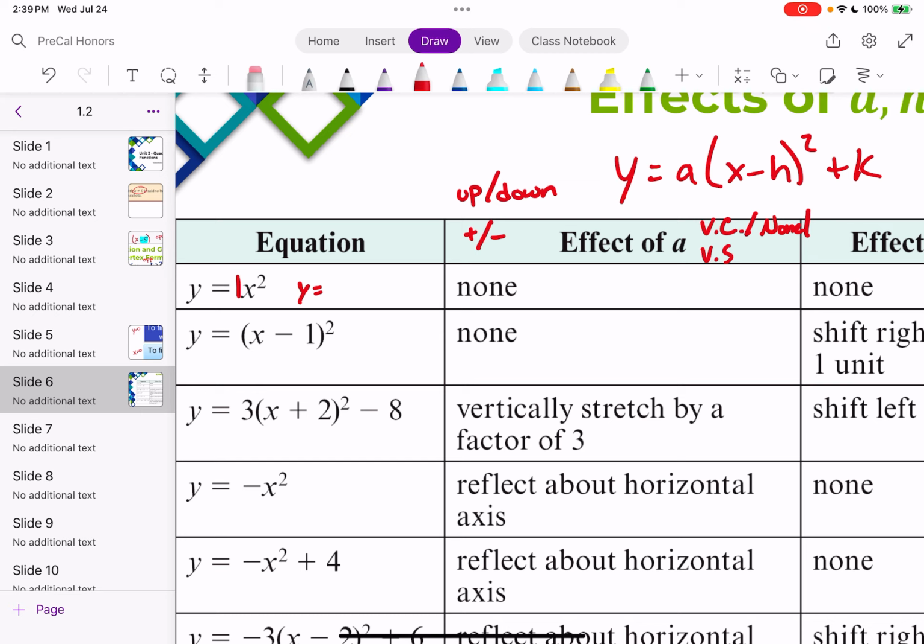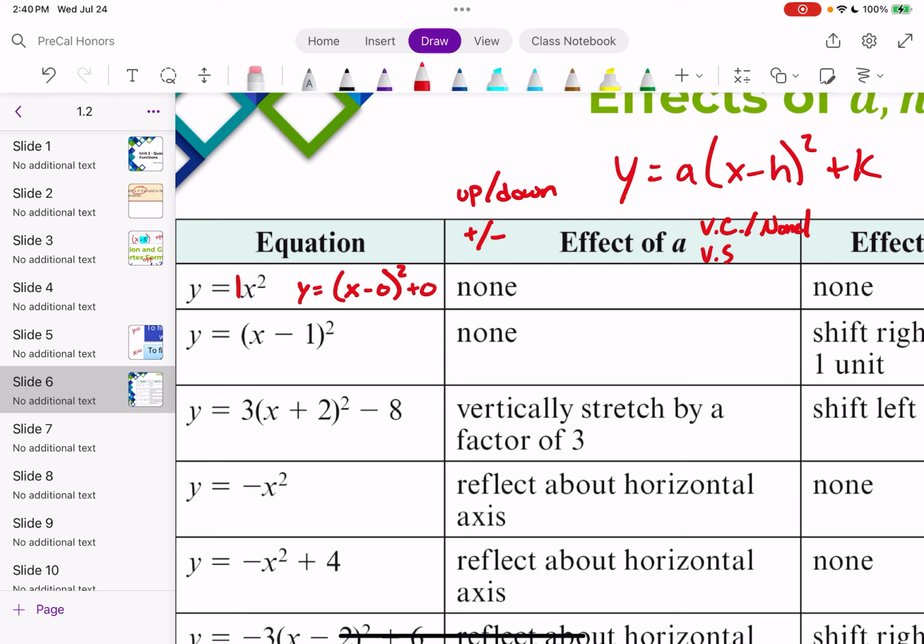Now, when we see x squared, keep in mind, is there anything being shown here? This would be x minus 0 squared. So when we subtract x minus 0, what are we left with? X, and then we would have it squared. Do we have a k on the outside? No, we don't. So this tells us our vertex is starting at 0, 0.